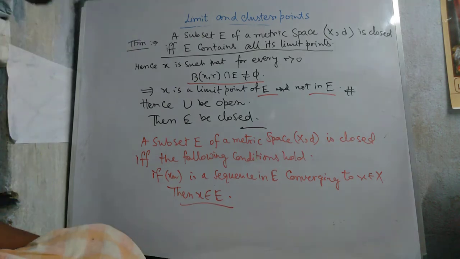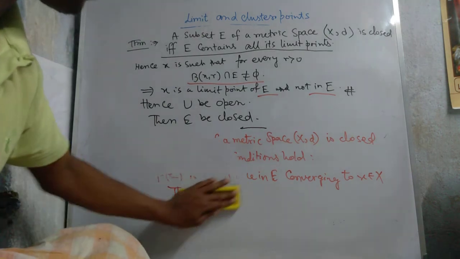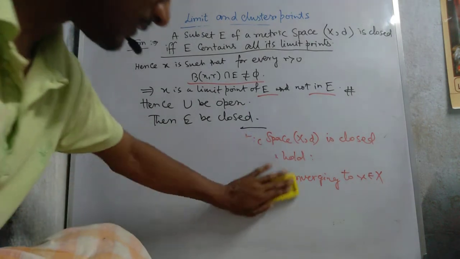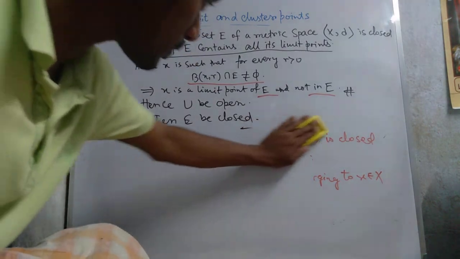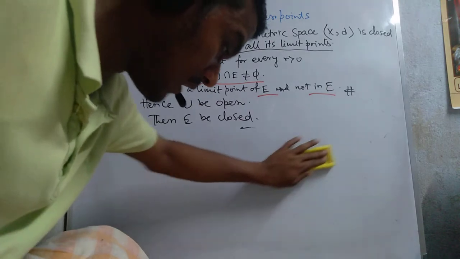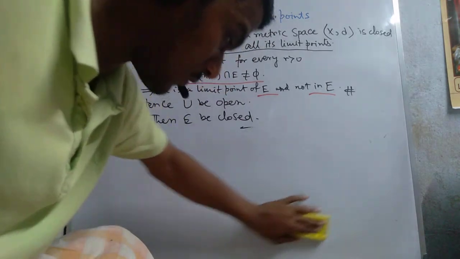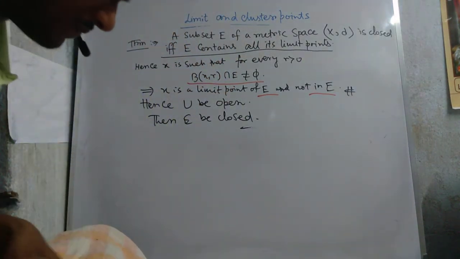And another, this one is a corollary, that means a sequence in E converging to x, then x belongs to E.